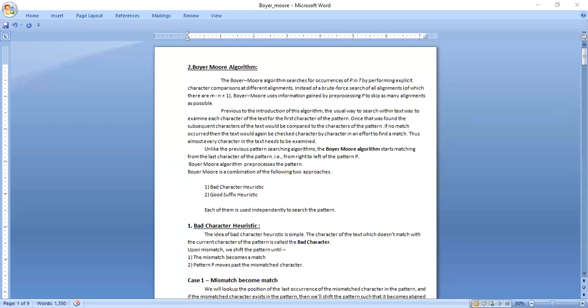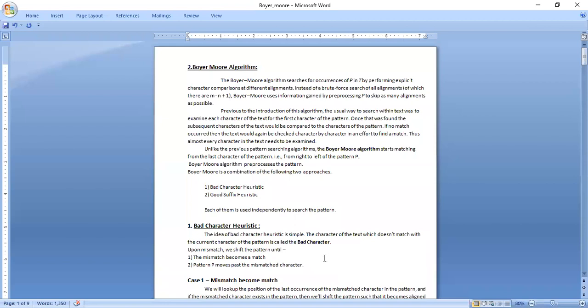But in this Boyer-Moore algorithm, the shifting process is not the same as brute force. It skips those shiftings by using two important features, that is the bad character heuristic, or bad character rule, and the good suffix heuristic, or good suffix rule.